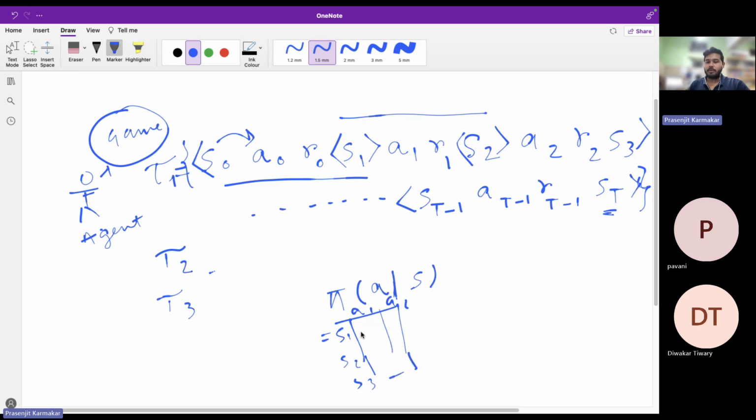So policy could be represented as a table also. So it should be, let's say, S1 take A1, S2 take A2, and S3 take A2, let's say, right? So not a matrix, it is basically an array, right? Yeah, in which state you take what action.